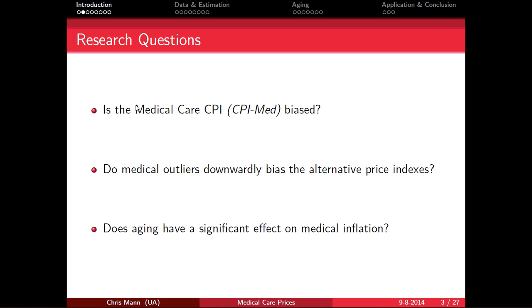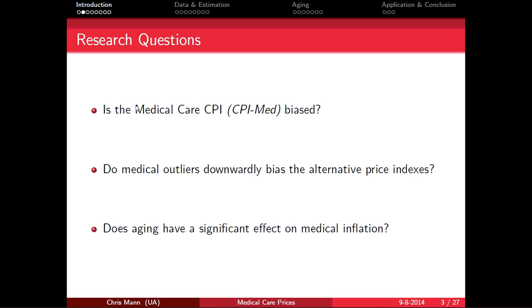Now, a lot of papers out there say that there is a bias, roughly about 1%. And once you take account of that bias, then the medical care component of the CPI isn't actually that much higher than the normal inflation rate in the economy, right?